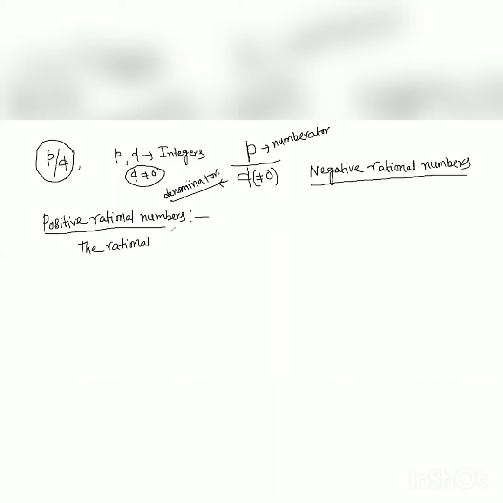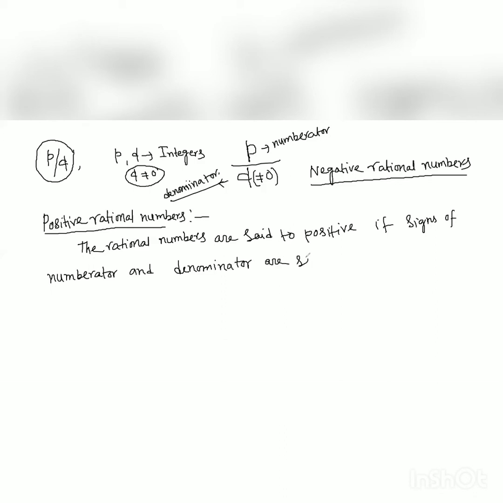The rational numbers are said to be positive if the signs of numerator and denominator are both the same. Then we can say that the rational number is a positive rational number.